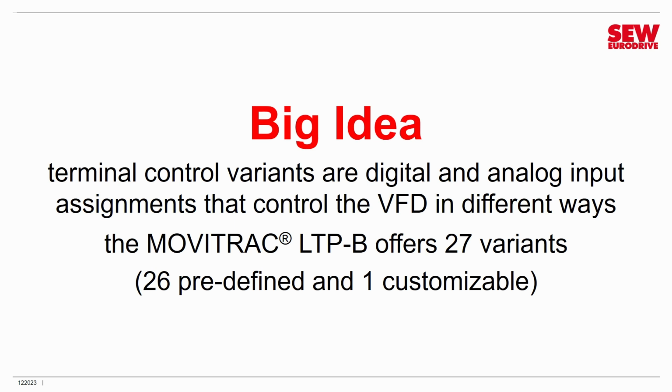There are 27 different variants, so these have many different combinations that assign different functions to those inputs. 26 of these are predefined, and 1 is totally customizable. We'll talk about the customizable one in our next session. We'll talk about the predefined ones right now.